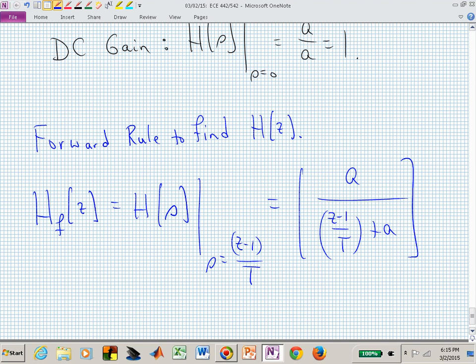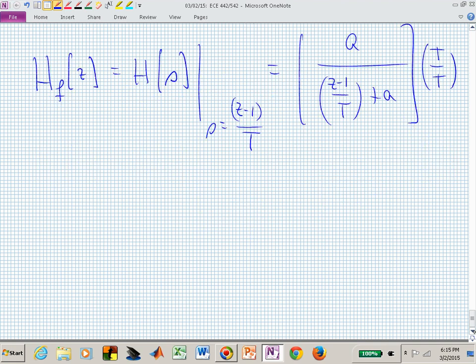Maybe I'm not used to seeing transfer functions that look like that, but I can clean it up by multiplying by 1, hitting both numerator and denominator by capital T, and I now have AT over Z minus 1 plus AT.